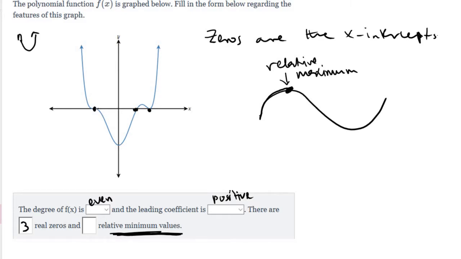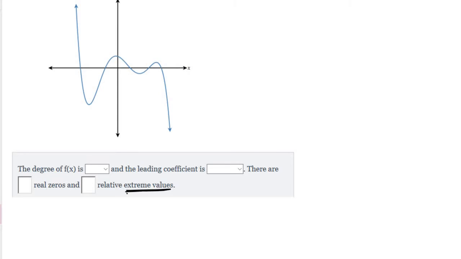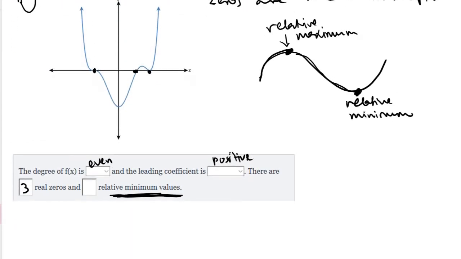And then if it's decreasing and gets to a minimum before it starts rising again, this will be a relative minimum. Then we can say the graph I just drew here has two extreme values. In the next example, it's going to ask what are the relative extreme values. This one has two relative extreme values.